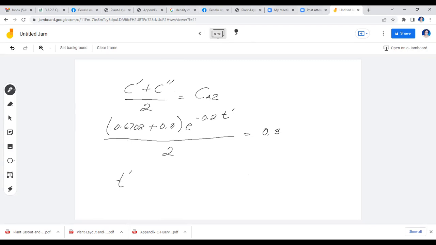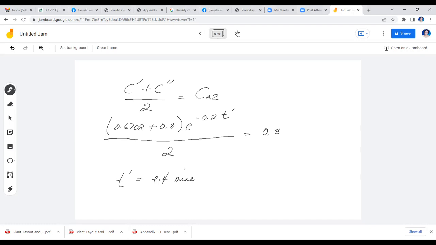So in here, your T prime, you can check it, it's 2.4 minutes. So after the connection is stopped, you need to wait for 2.4 minutes so that the average of the concentrations in each of the reactors will be equal to Ca2, which is 0.3.